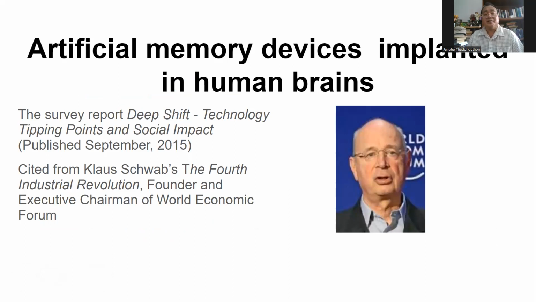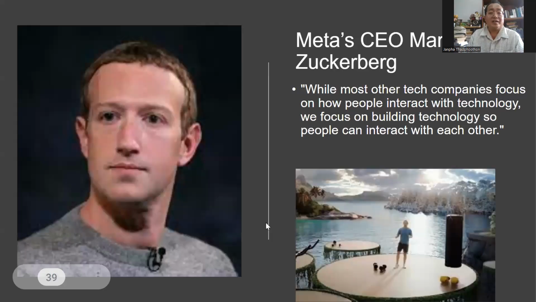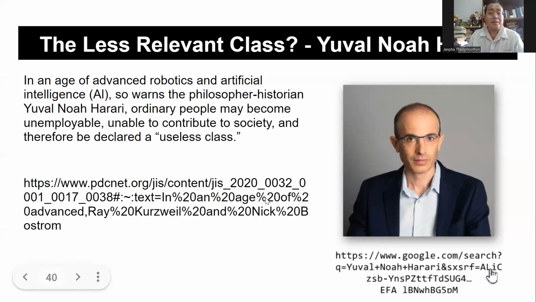One of the scholars, Klaus Schwab, actually talked about the possibility of implanting a device into our brain to enhance our cognitive ability. And Mark Zuckerberg is going to create an immersive technology to help us communicate better.